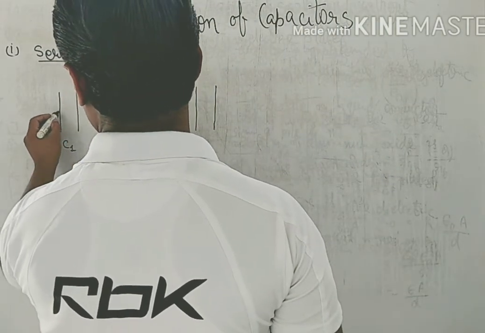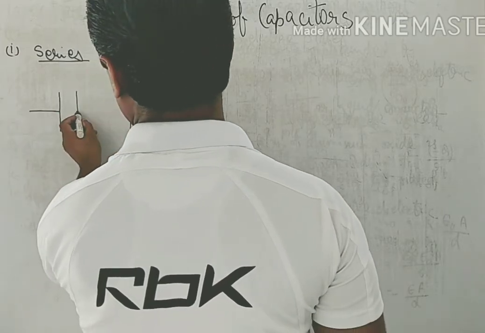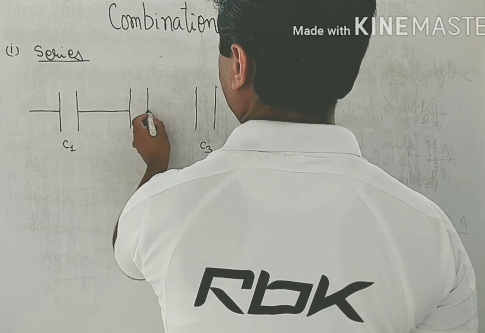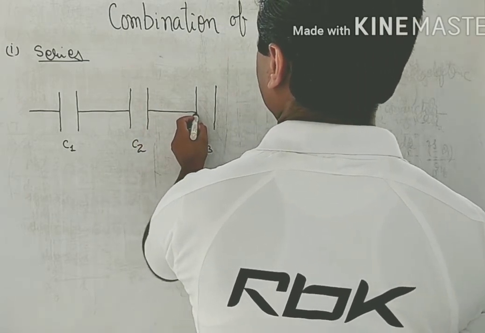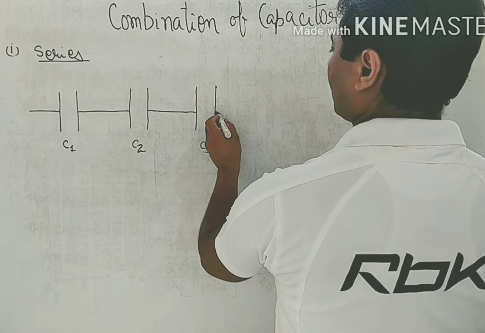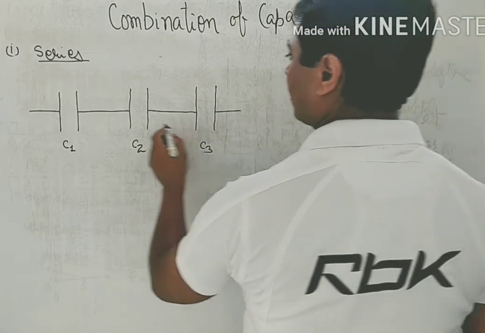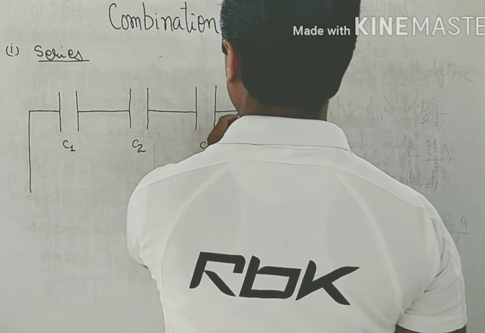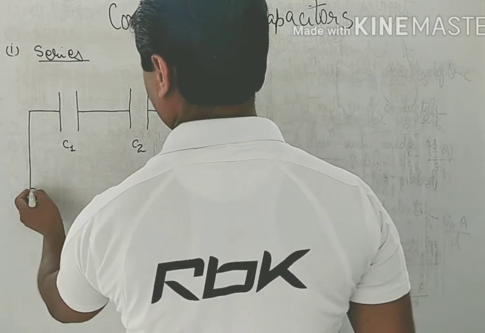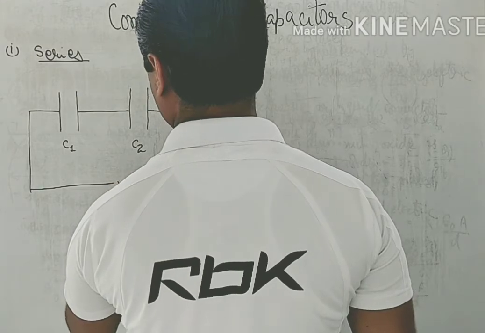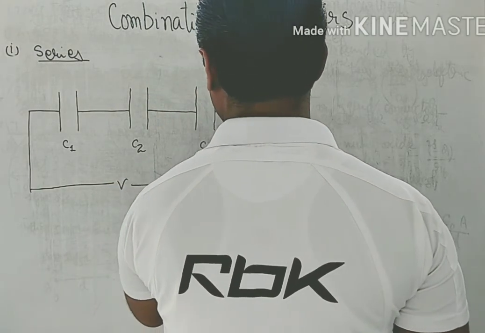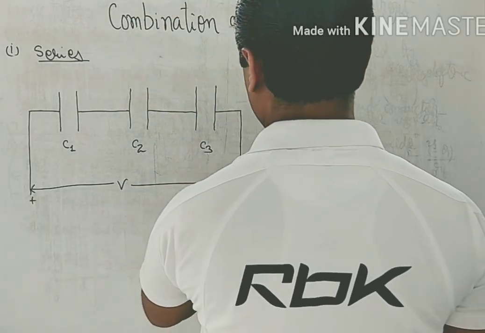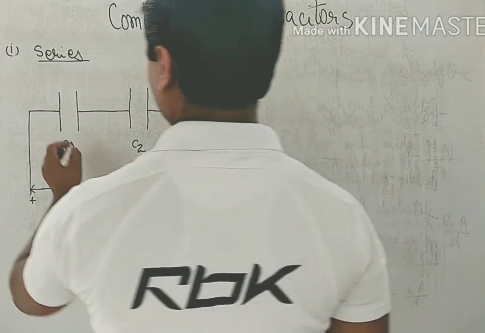Now these are to be connected in series, so the second plate of the first capacitor is connected with the first plate of the second, and the second plate of the second is connected with the first plate of the third, and the second of the third and the first of the first are connected with an external source offering a potential difference of V volts. So this is positive polarity and this is negative potential here.